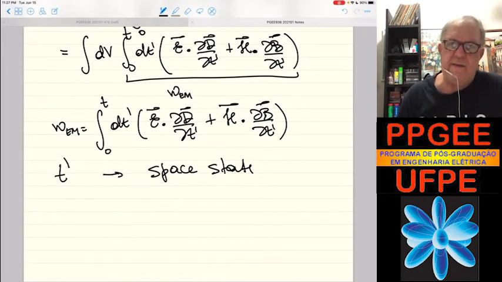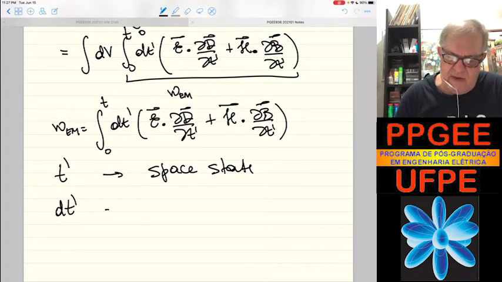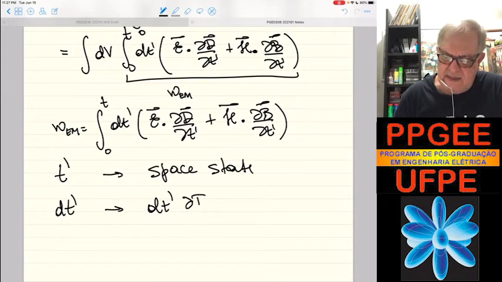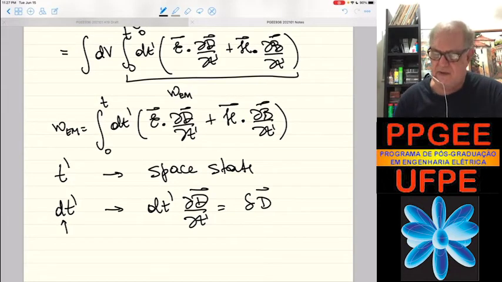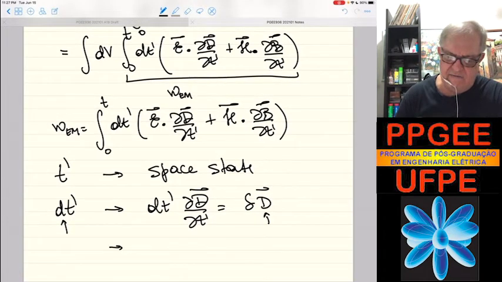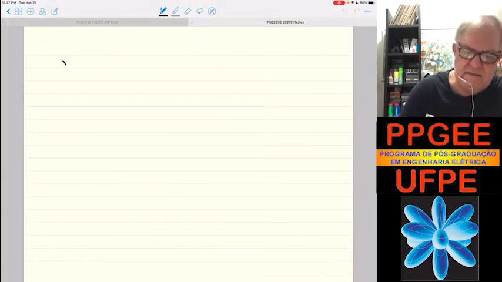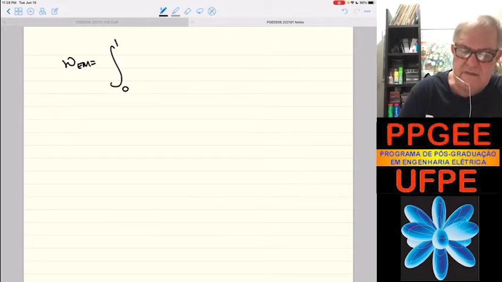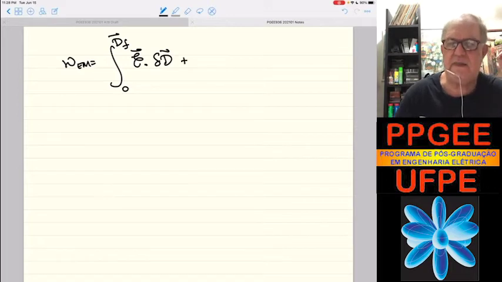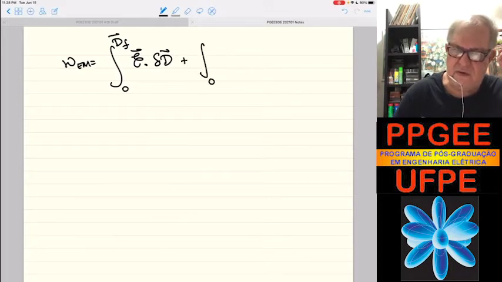For a time dt prime, dD/dt prime dt prime equals delta D. So instead of integrating over t prime, we integrate in the space of states, in which the integration variable is D. Same thing for B: dB/dt prime dt prime equals delta B. So the energy density can be written as the integral in the space of states of E dot delta D, plus the integral from 0 to B final.